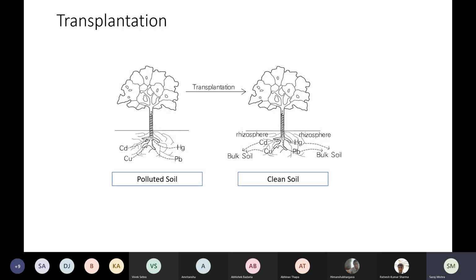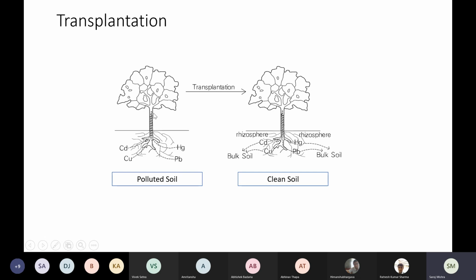Essentially the theme of this experiment was a polluted soil which contained a lot of heavy metals from the e-waste, like cadmium, copper, mercury, lead, etc. The idea is that a tree is planted, and as a result of phytoextraction or phytoremediation, many of these metals are going to be taken up by the plants, and you will remove the plant after some time. The plant is taken up, so the soil is now going to be depolluted.